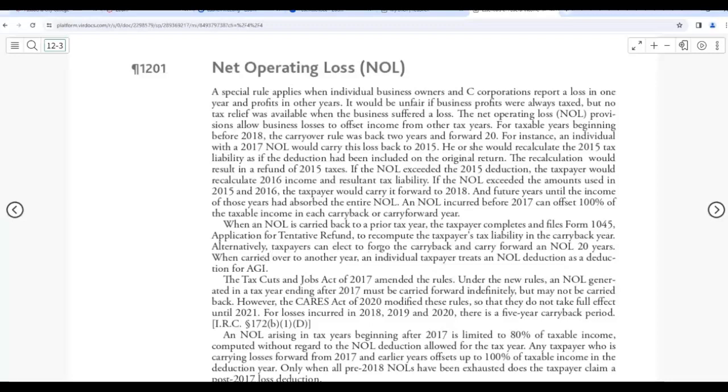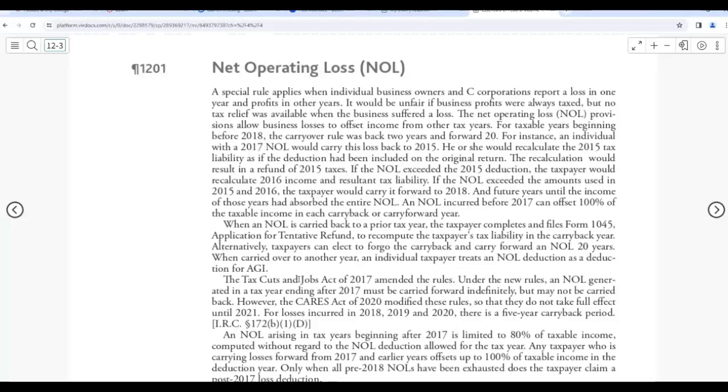Alternatively, taxpayers can elect to forego the carryback and carry forward the net operating loss 20 years. Then carried over to another year, an individual taxpayer treats the net operating loss deduction as a deduction for AGI. So it will be above the AGI number on Form 1040.